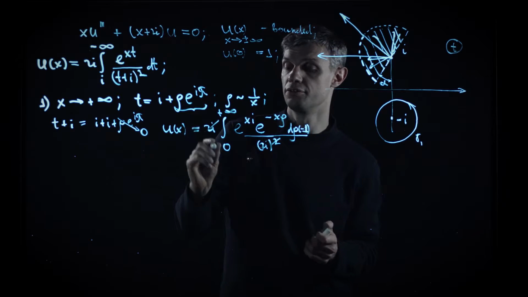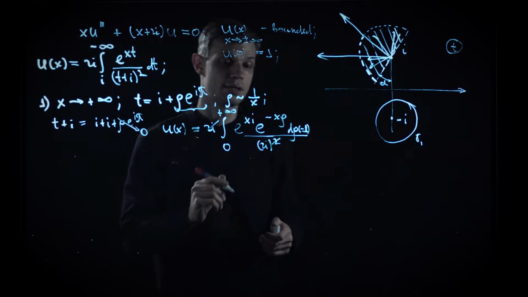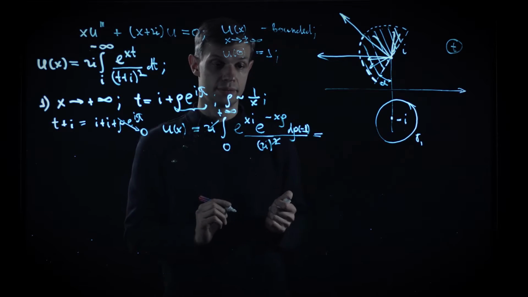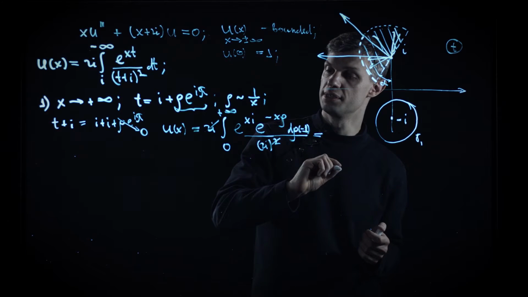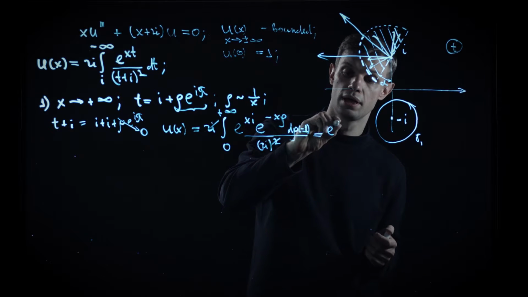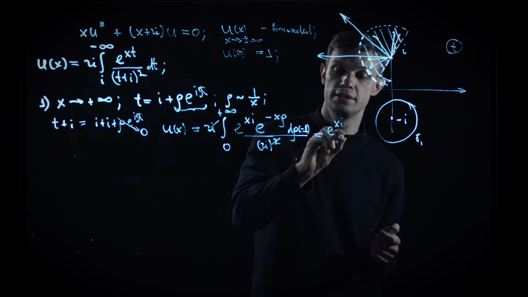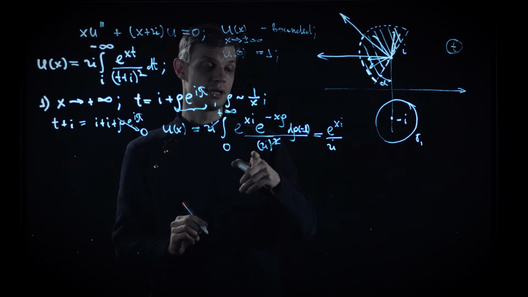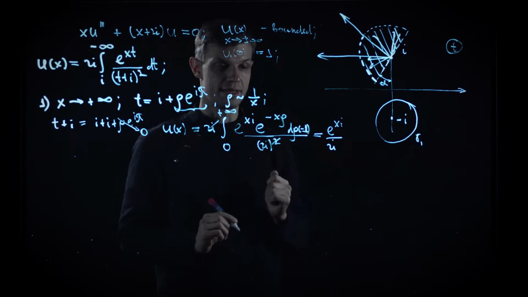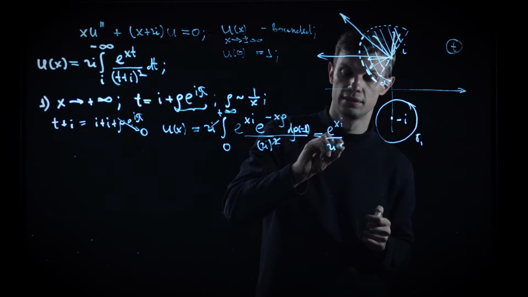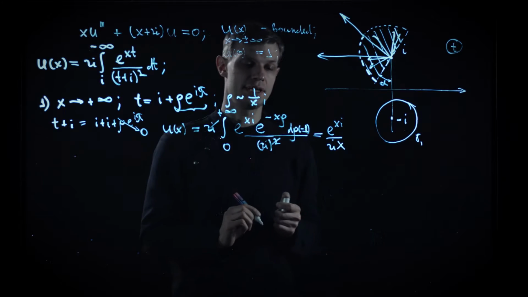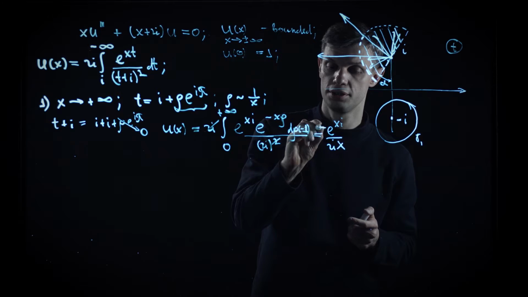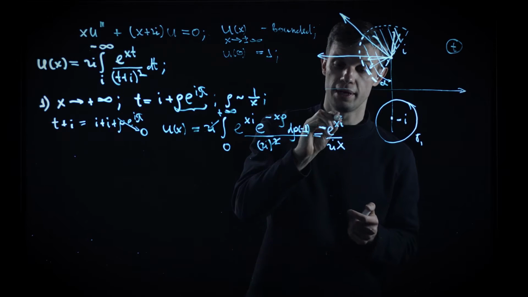So getting rid of additional 2 i's, we get the final answer, which is simply e to xi divided by 2i, and the elementary integration gives us 1 over x in the denominator, and if I didn't get anything wrong here, an additional minus sign.